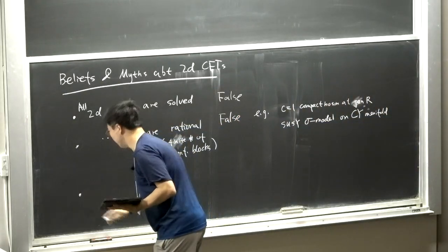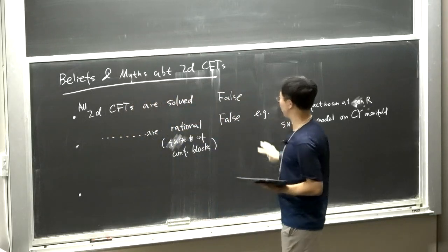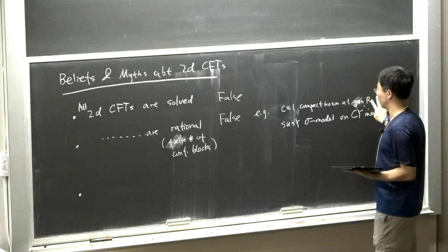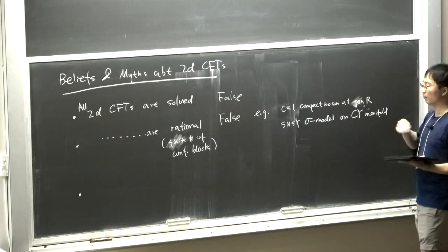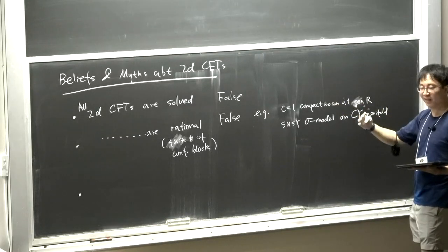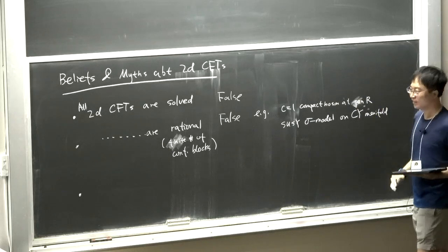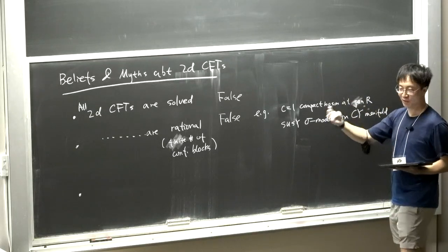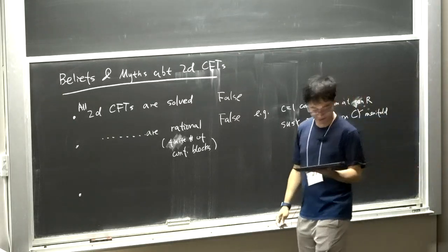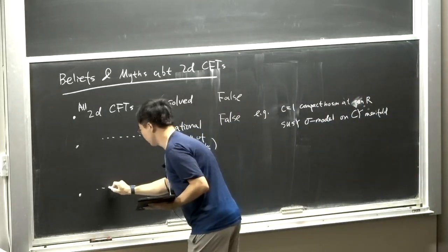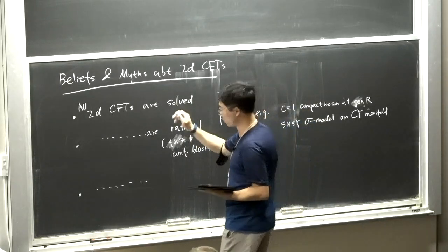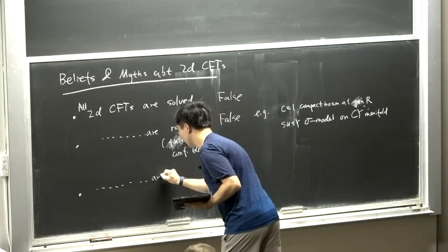But maybe you will still complain. All the examples I gave you so far are not rational at a generic point, because all these theories come with a family. But maybe you'll complain because they could be connected to rational points by marginal deformations. So a more sophisticated claim will be that all 2D CFTs are almost rational.